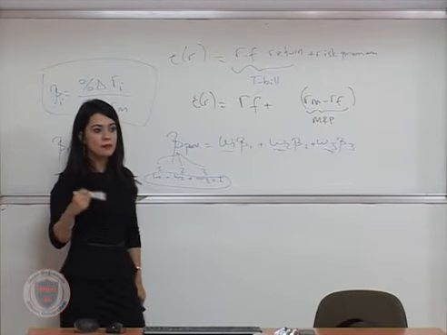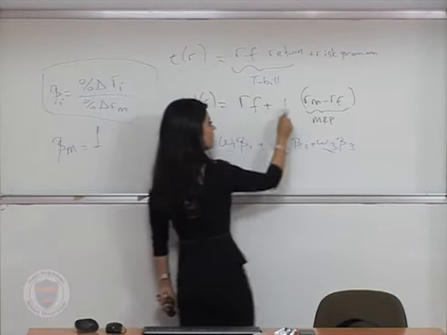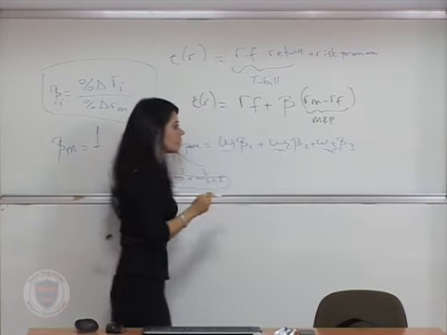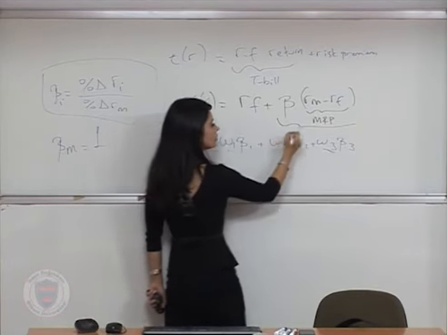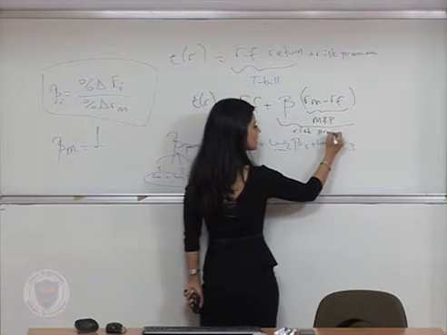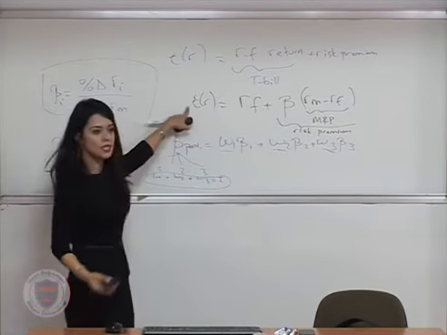And since I'm trying to price the systematic risk, I need to consider beta. Here, I'm going to have beta. So beta times the market risk premium will give you the risk premium, basically, of any asset. Okay, so this is the CAPM equation.